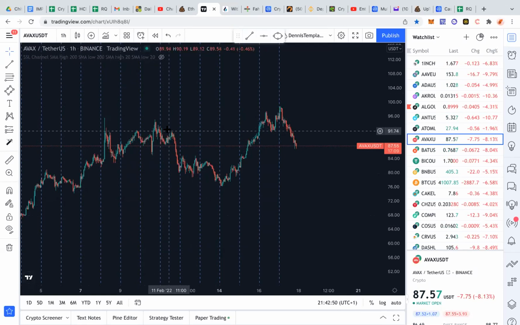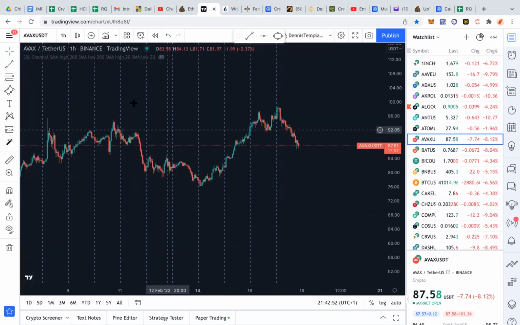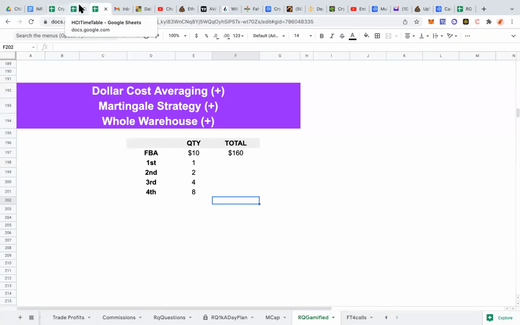That's what it will change. Still, this bot will return you between 0.1% to 1% or more per day if you use this strategy.